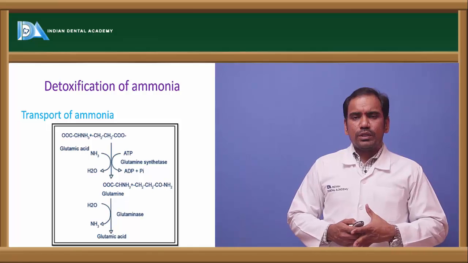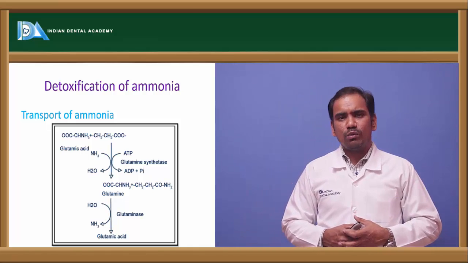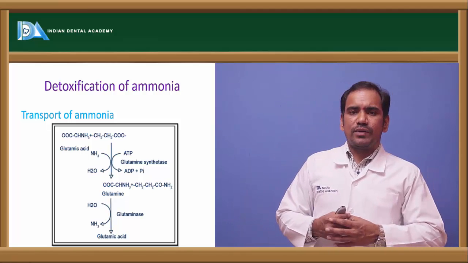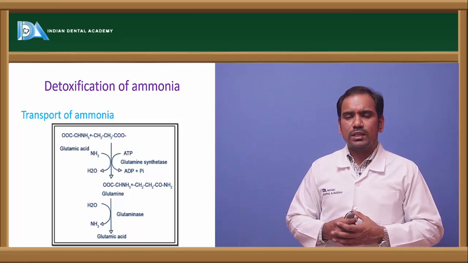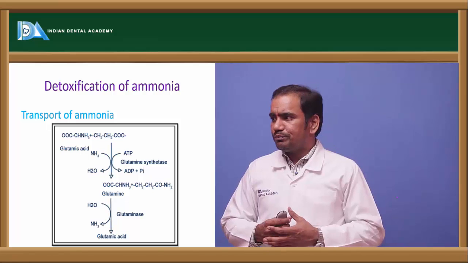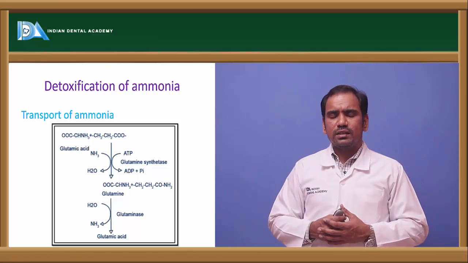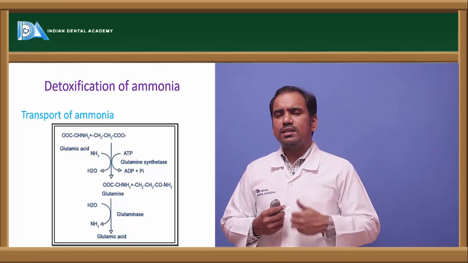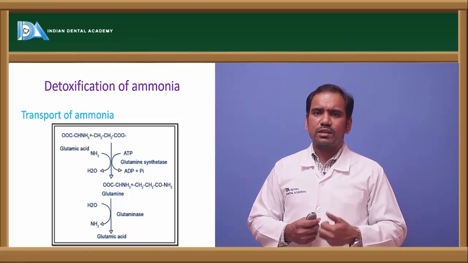So what happens to the ammonia in the liver? Ammonia is a toxic compound, it is a neurotoxic compound. So we have to detoxify that ammonia, right? That detoxification of ammonia occurs in the liver. So when you see in the case of the brain, as I told you, glutamic acid takes up the amino group and is converted to glutamine, and that releases the amino groups in the liver by the action of the enzyme glutaminase.